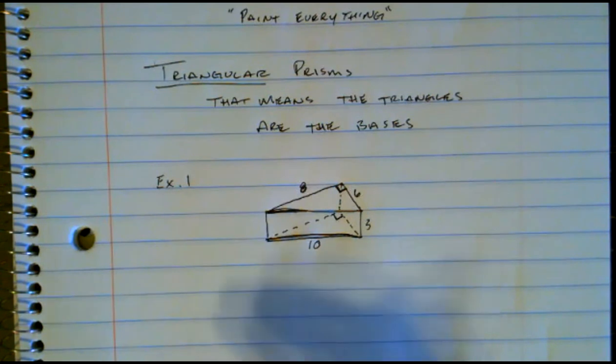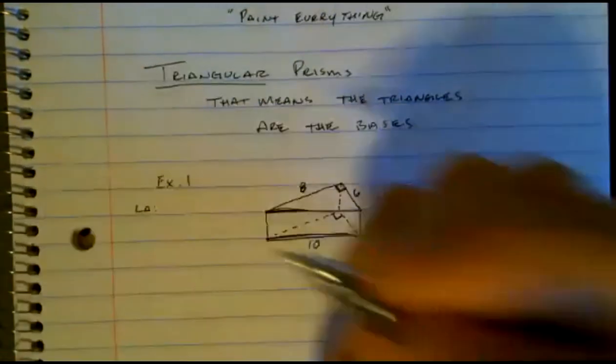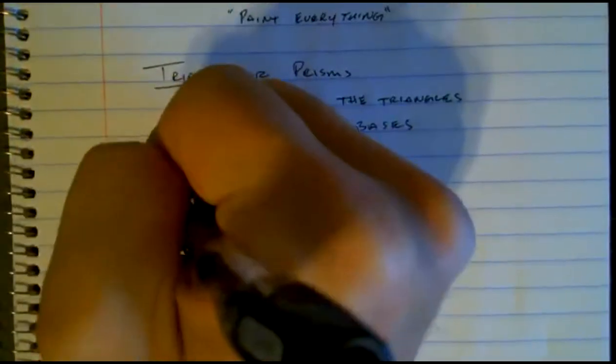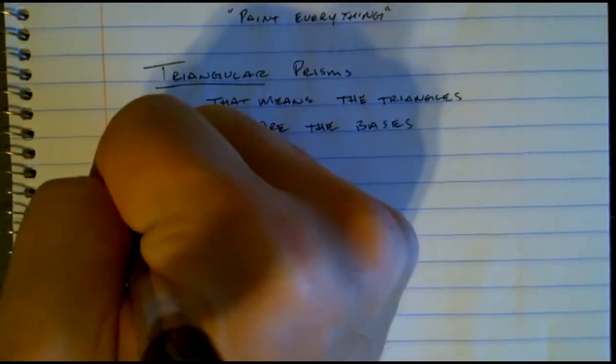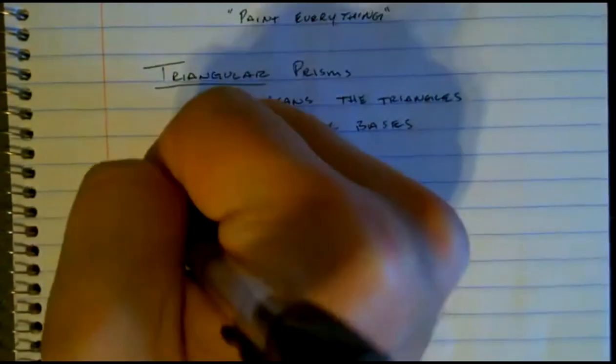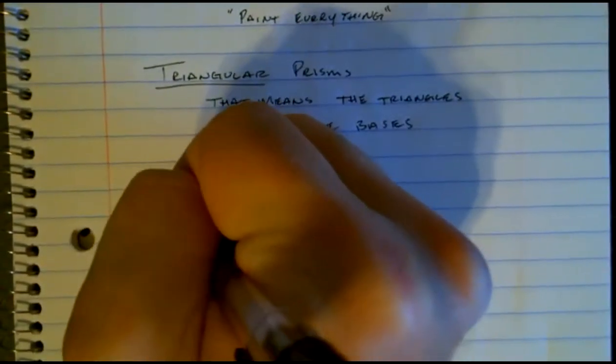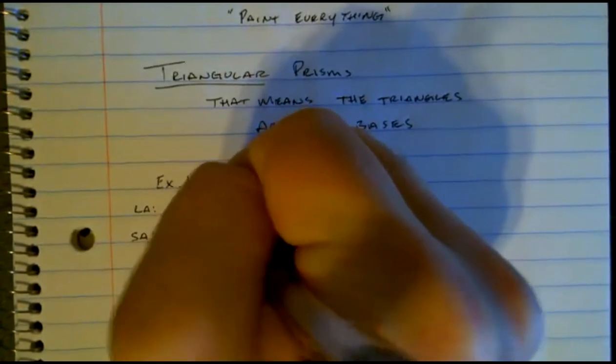Well, this is still a prism. And so we still have the same idea that lateral area is still S equals capital PH. And our total area or total surface area is S equals PH plus 2B, right?